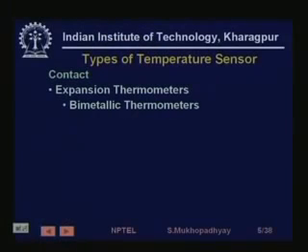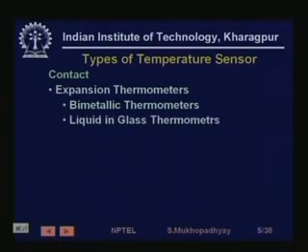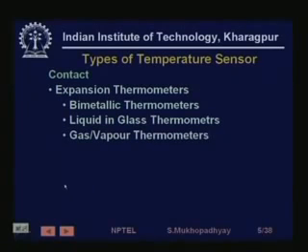For example, the simplest ones are expansion thermometers, either solid expansion, liquid expansion or gas expansion thermometers. In solids you have bimetallic thermometers, in liquids you have the well known liquid-in-glass thermometers. Generally we have mercury in glass, sometimes ethyl alcohol in glass and things like that. We have gas and vapor thermometers.